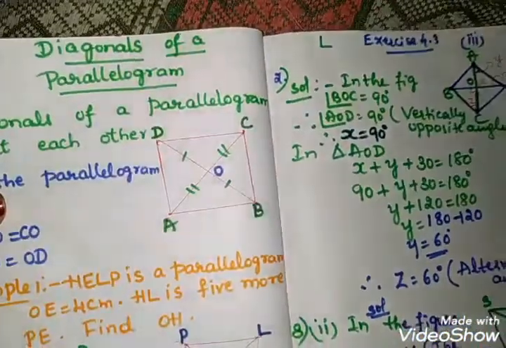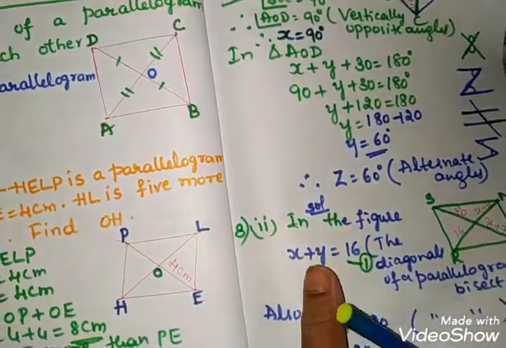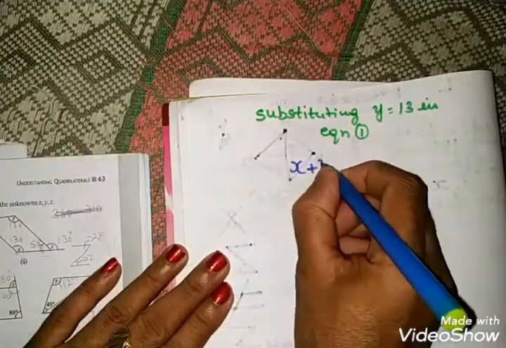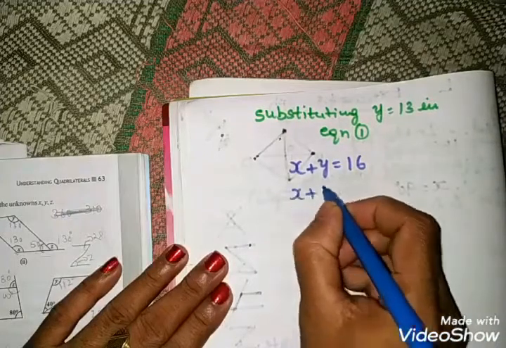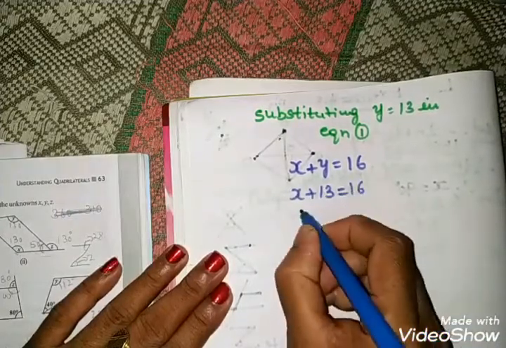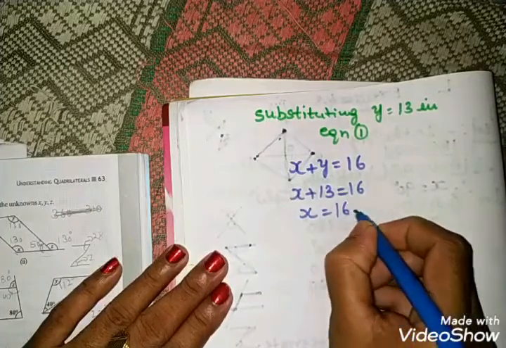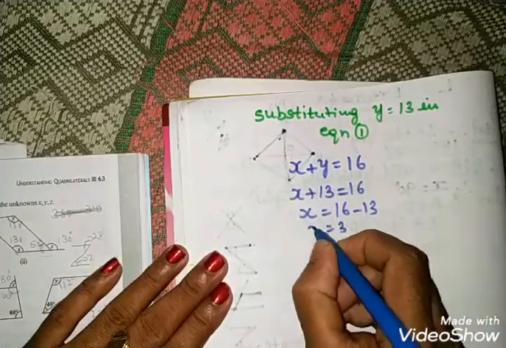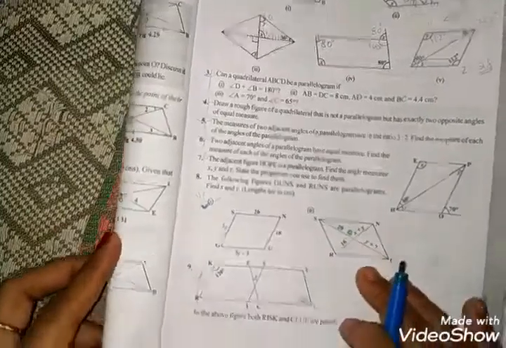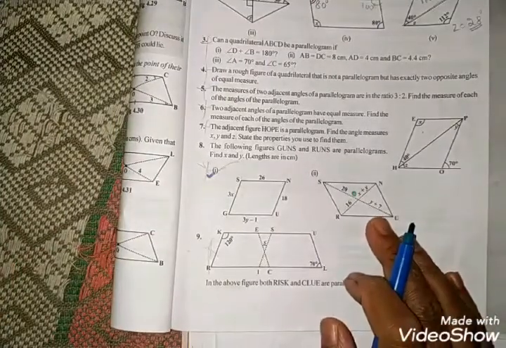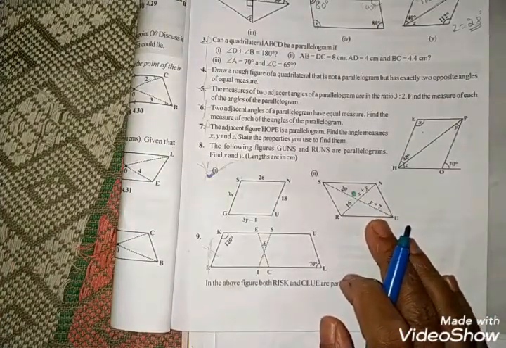Observe. Take down that. Here it is x plus y is equal to 16. So x plus 13 is equal to 16. X is equal to 16 minus 13, that is 3. X is equal to 3. In this way you can solve this. Easy, no? Here you have to use the property of diagonals: diagonals bisect each other in a parallelogram.